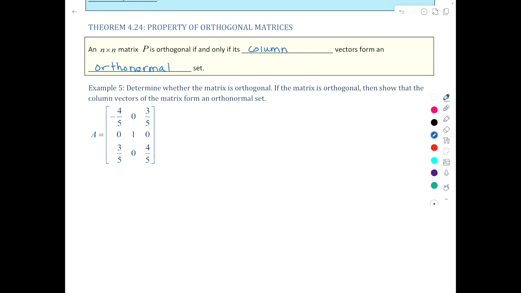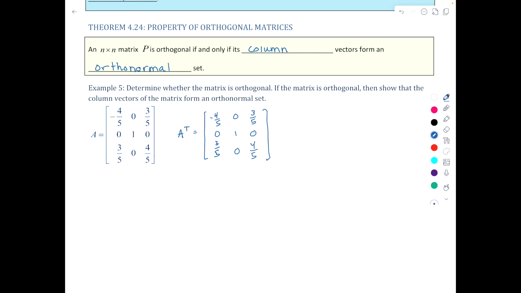So we know what A equals. We know that A transpose is equal to negative 4/5, 0, 3/5, going down. So I wrote the first row as the first column, second row as second column, third row as third column.